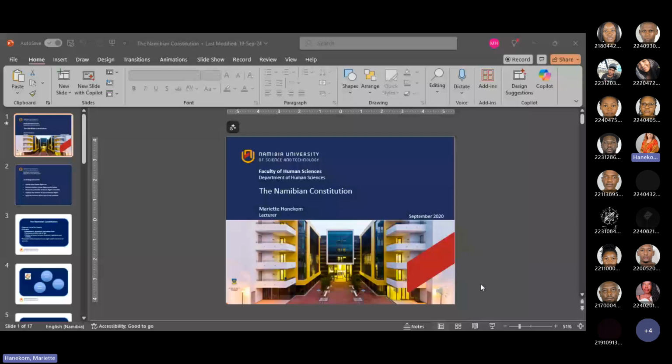Now, two things are very important that you have to note as from today. You need a copy of the Road Traffic and Transportation Act. I generally refer to it as the RTTA. There is a soft copy available on e-learning, so you can download it from there.